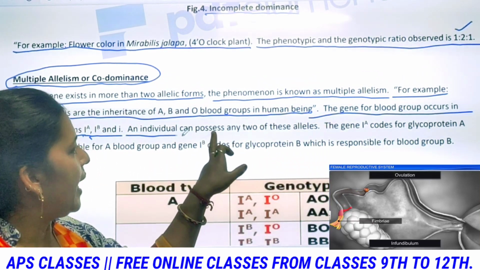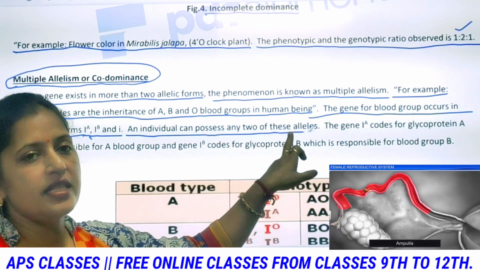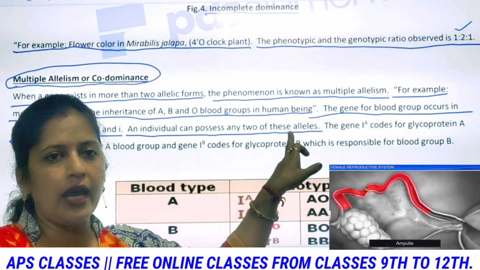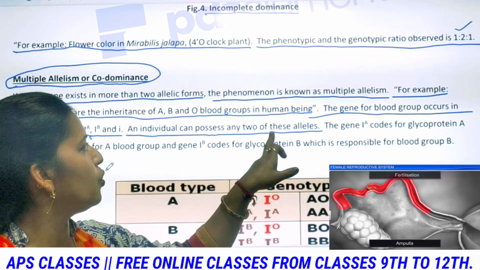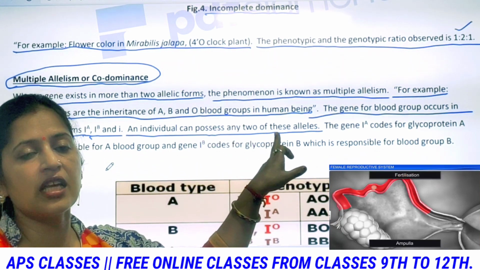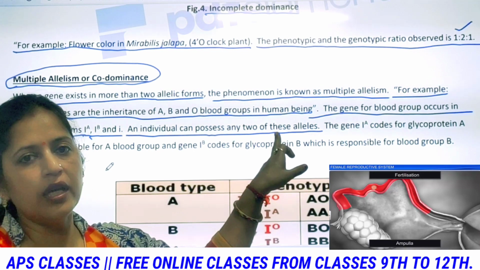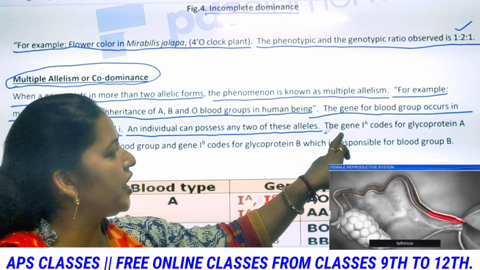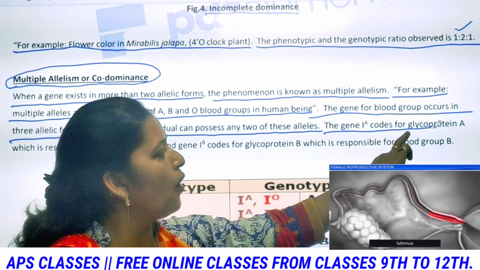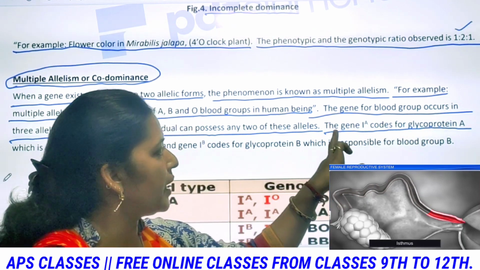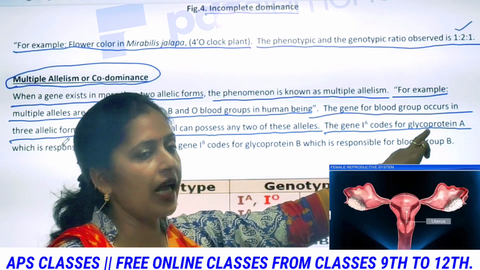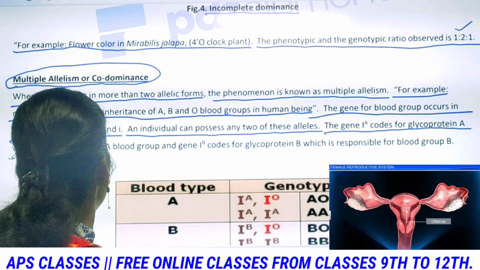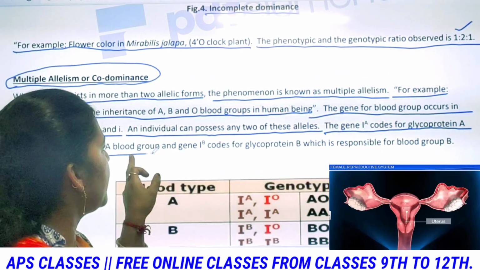An individual can possess any 2 of these alleles. Any individual will possess any 2 of these 3 alleles.